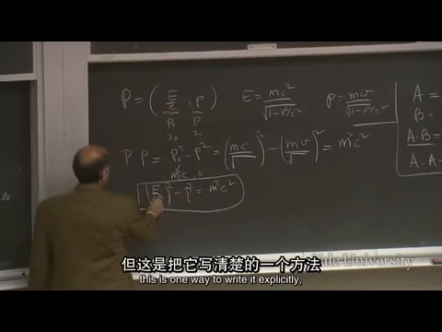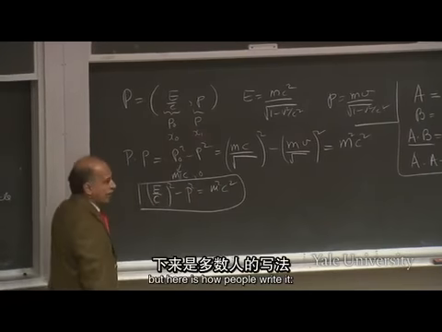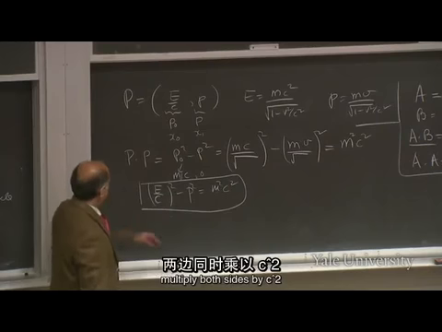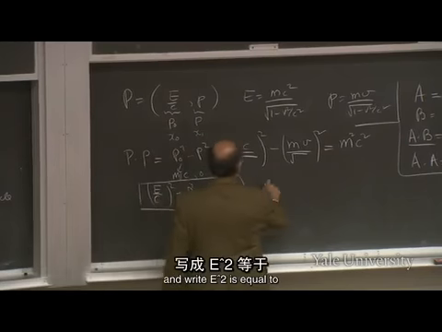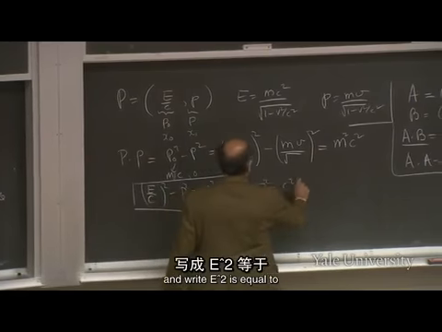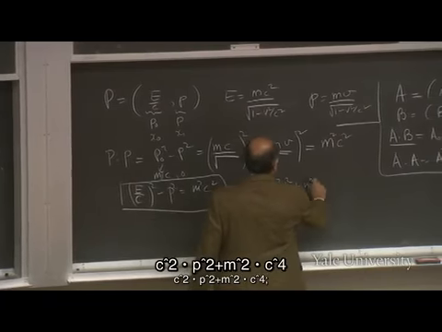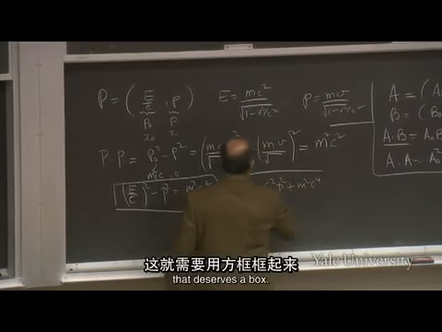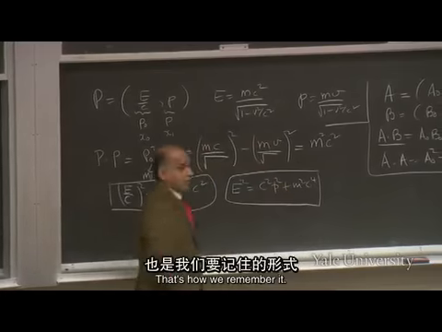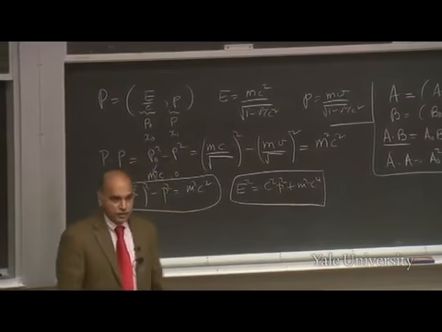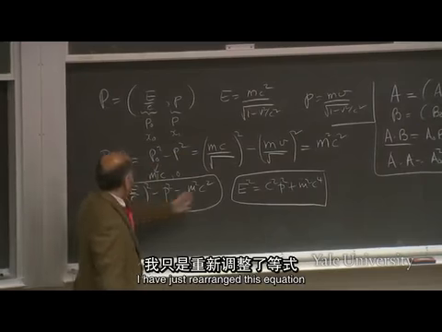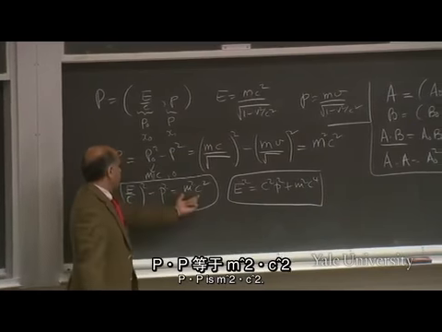Now, this is one way to write it explicitly, but here is how people write it. Multiply both sides by c squared and write E squared is equal to c squared p squared plus m squared c to the fourth. That deserves a box. That's how we remember it. I have just rearranged this equation. P dot P is m squared c squared.